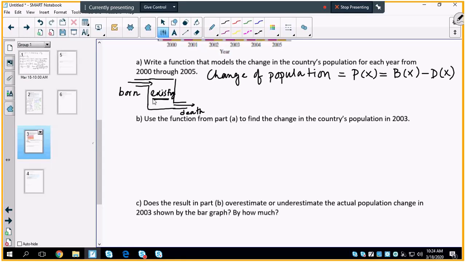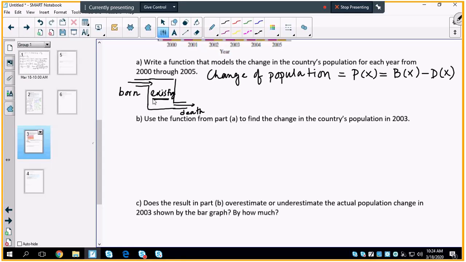Well, the people that are dying. So if I can find the difference between the number of births and number of deaths, that will be the change in the existing population. So I will say the change of population is a function which is the difference between the number of births and the number of deaths.